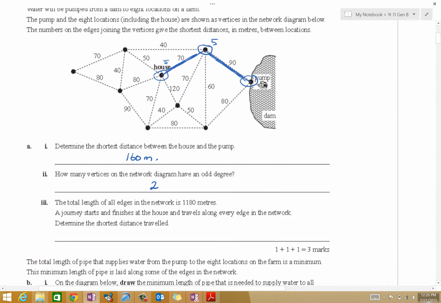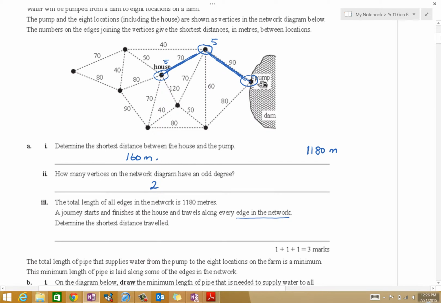Now it says here the total length of all the edges is 1180 metres. Bit of a trick question here. A journey starts and finishes at the house and travels along every edge in the network. Could a Euler circuit exist for this network? How could a circuit exist?